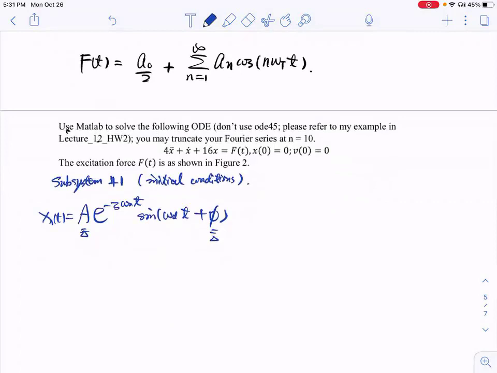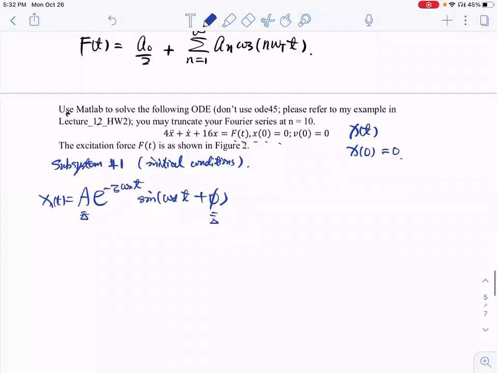That's different from impulse. If you don't have an impulse in your system, you won't be able to see a sharp change in your initial condition. So that means if your final solution is your x(t), your x(0) has to be equal to x naught, or in this case, has to be 0.